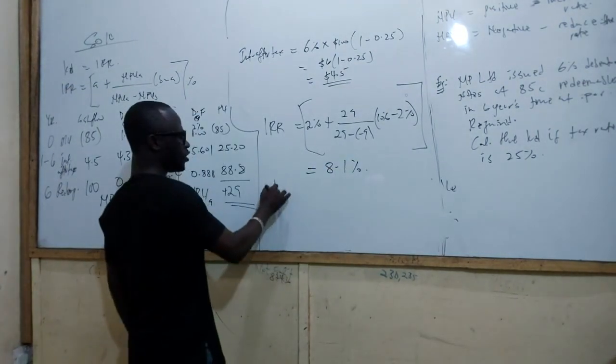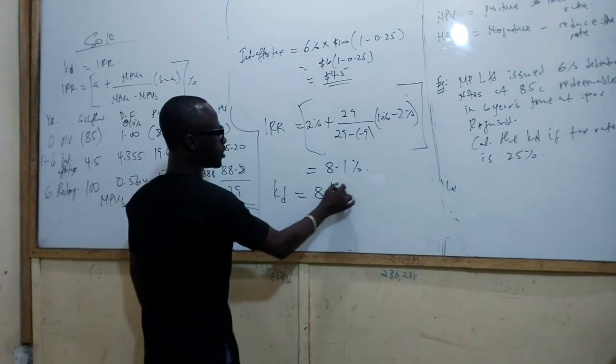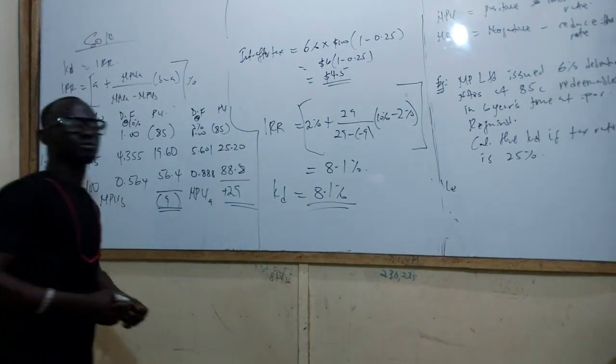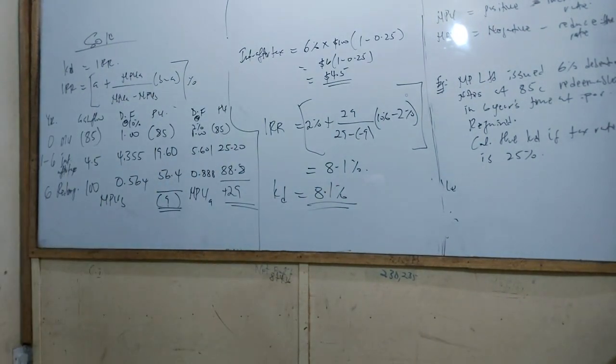So meaning your KD is 8.1%. There you go. So that is how you deal with irredeemable debt.